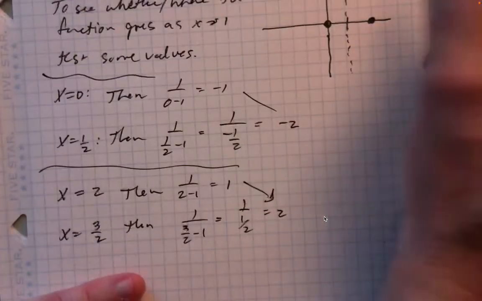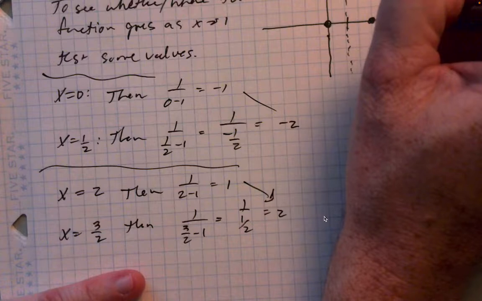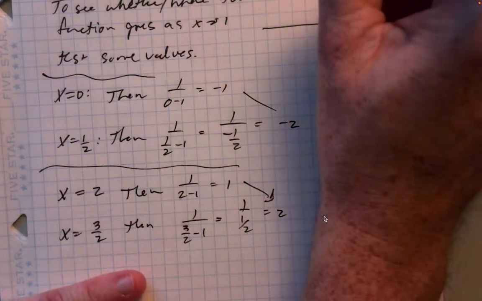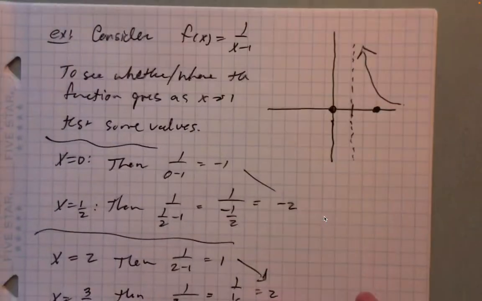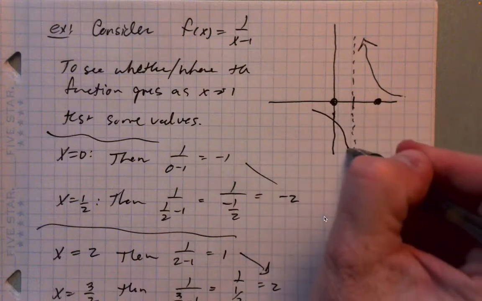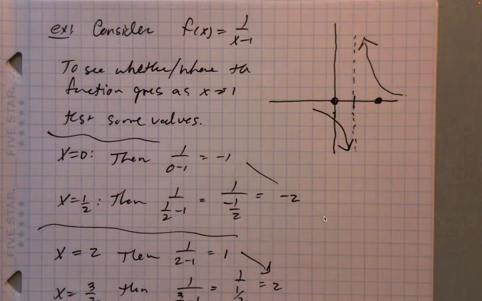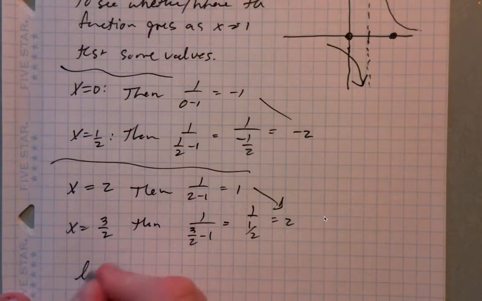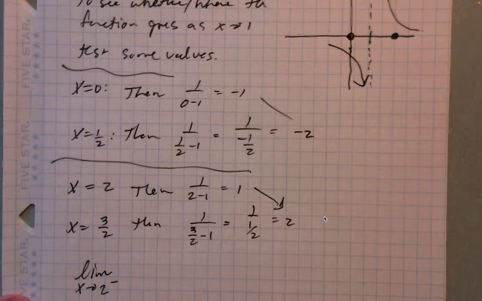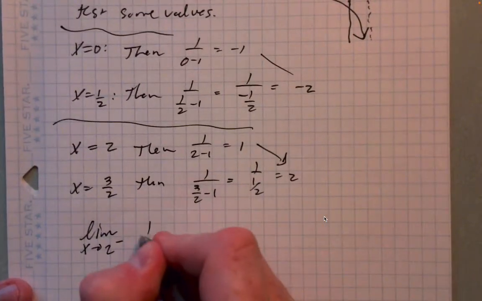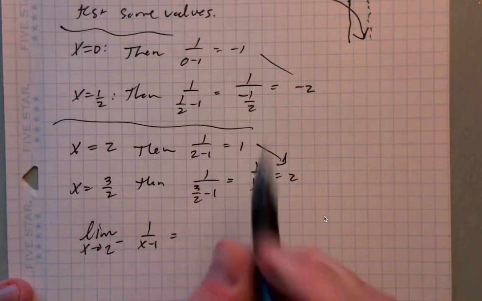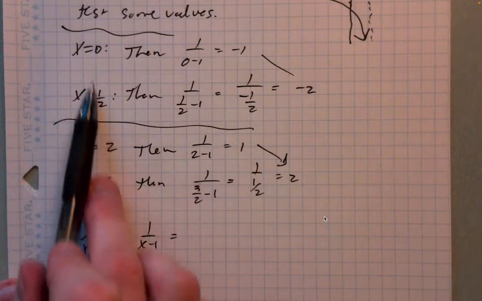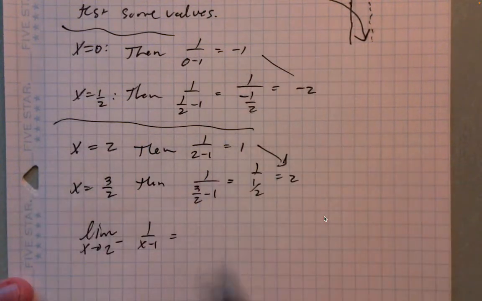And so what ends up happening is the function basically is heading up from that direction, and it's heading down from that direction. Okay, so what we could say is that the limit as x approaches 2 from the left-hand side of 1 over x minus 1 is, approaching from the left, negative infinity.